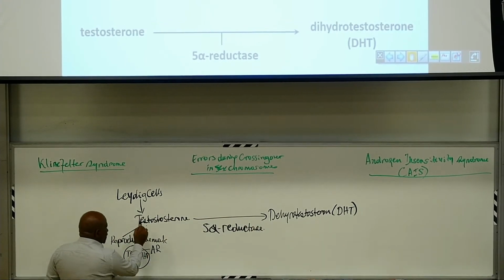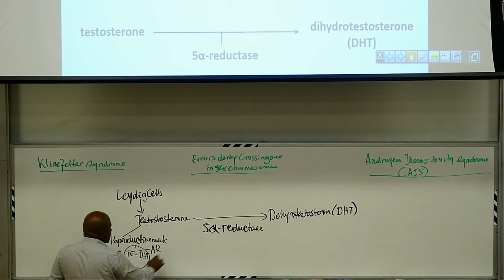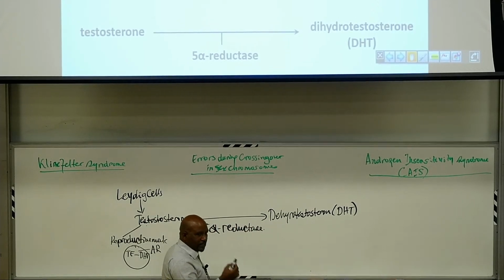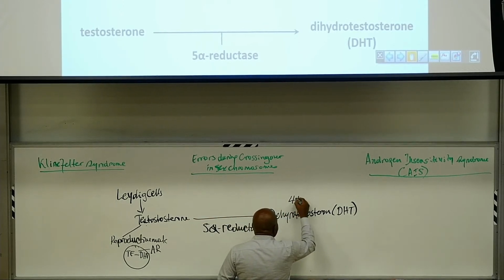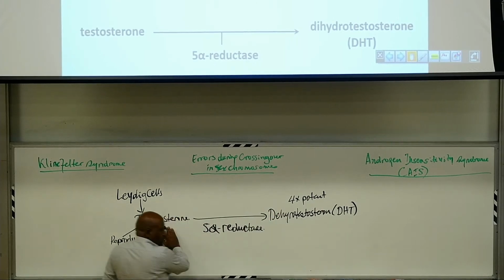So testosterone, which is produced by the Leydig cells in the testis, will be transformed to dihydrotestosterone. Dihydrotestosterone is the same form of testosterone, but it is 4 times more potent or active than the normal testosterone.